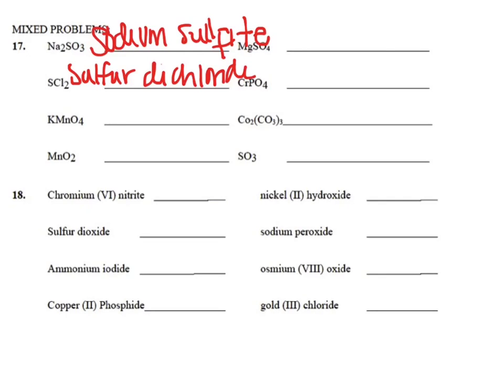What about CrPO4? Chromium, what? What's the charge on chromium? 3. So it would be chromium 3 phosphate.